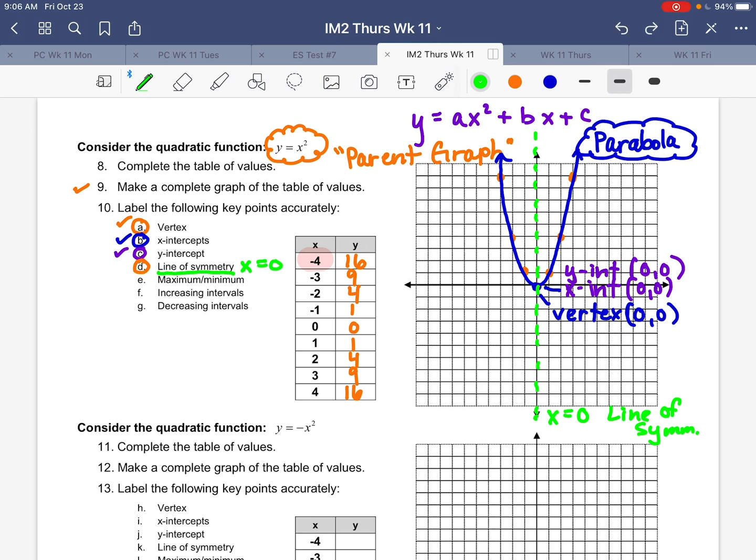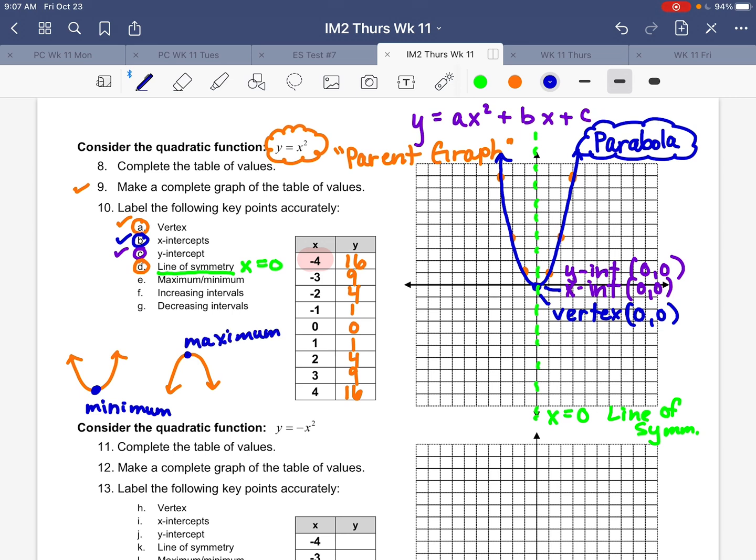Now, the next part, is there a maximum or minimum value? You're going to see two types of parabolas. We can have parabolas that open up or parabolas that open down. If we have a parabola that opens up, this is a minimum value. And if the parabola is opening downward, of course, this is a maximum value.